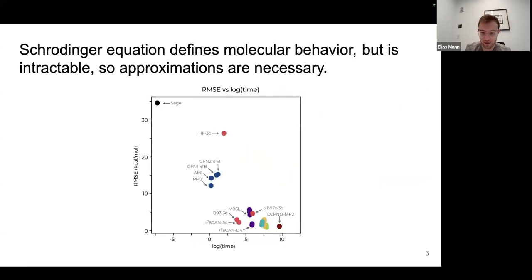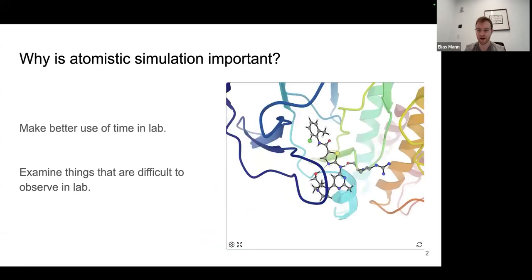We'll start with, okay, why do we care about simulating atoms at all? Why is this important? In short, it just makes it so you can make better use of time in the lab. If you're able to run lots of experiments in simulation before you even get to the lab, instead of wasting a bunch of time doing experiments that lead nowhere, you can screen a lot of things out in silico and then focus on what matters with your time there.